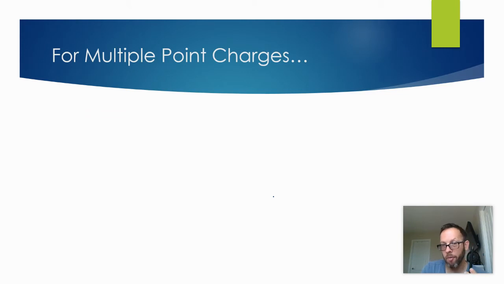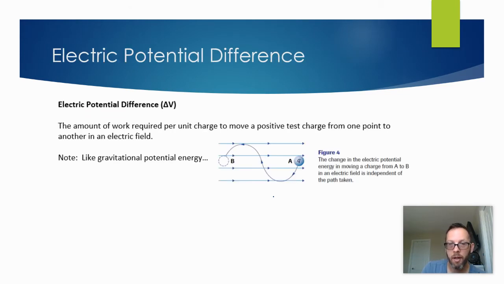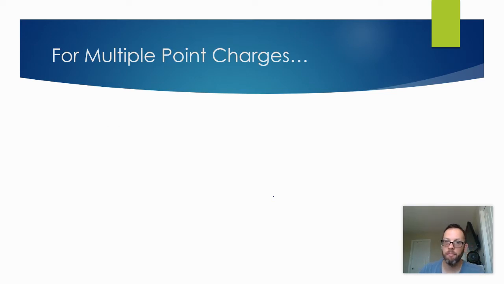Now, I don't believe I have a spot on the lesson sheet for this, but if you have multiple point charges, we just did an example for some charge Q, and we found the potential at a point in the field by doing potential is just kQ over R. But what if you had multiple point charges?